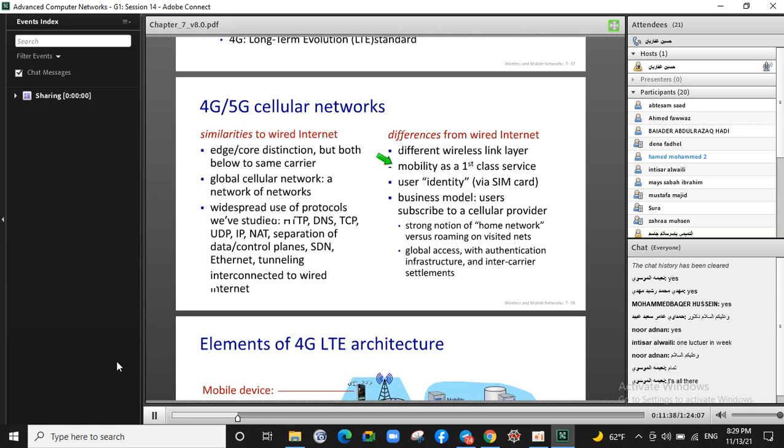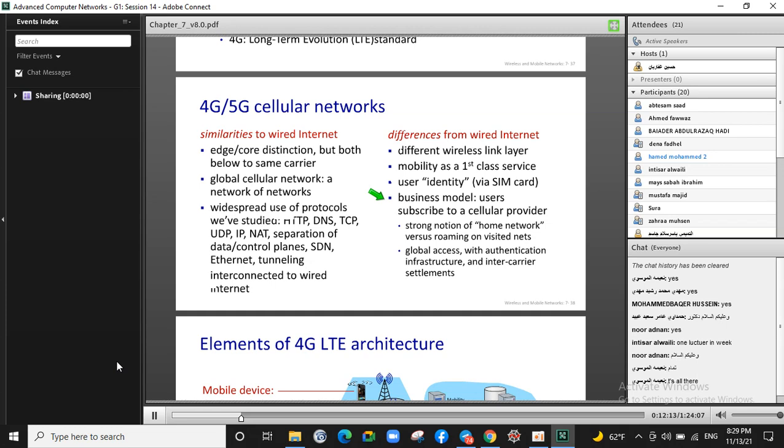I just use a SIM card, nothing else. A cell phone and a SIM card. Then I can move across my country, across the world. I can, for example, travel to Iraq and use my cell phone just by using my SIM card, or go to Canada on the other side of the world, and again use my SIM card over there.